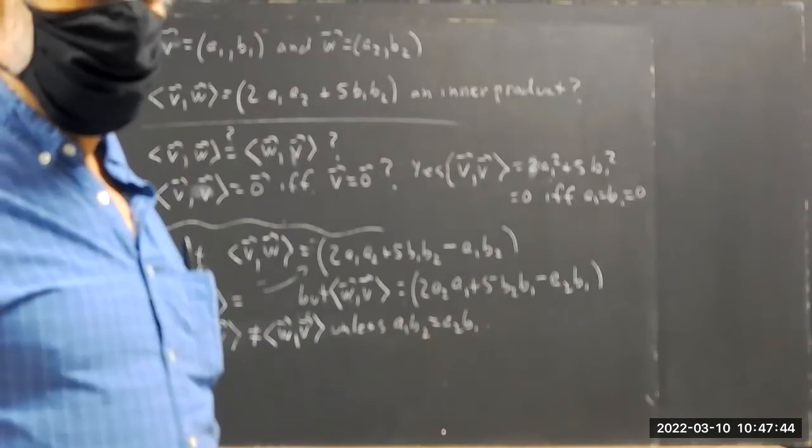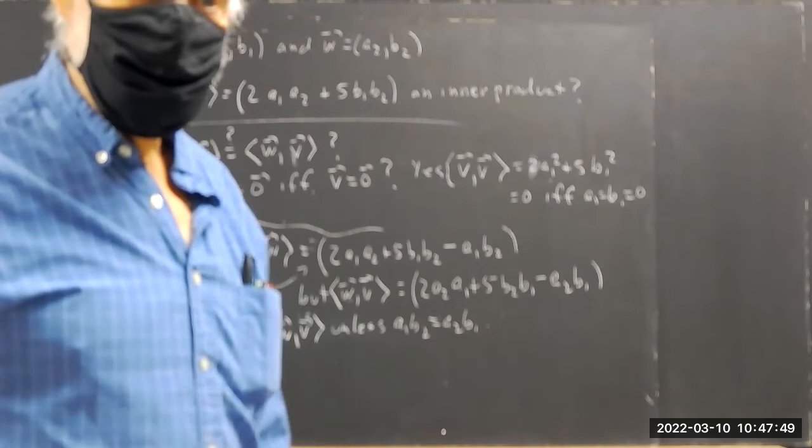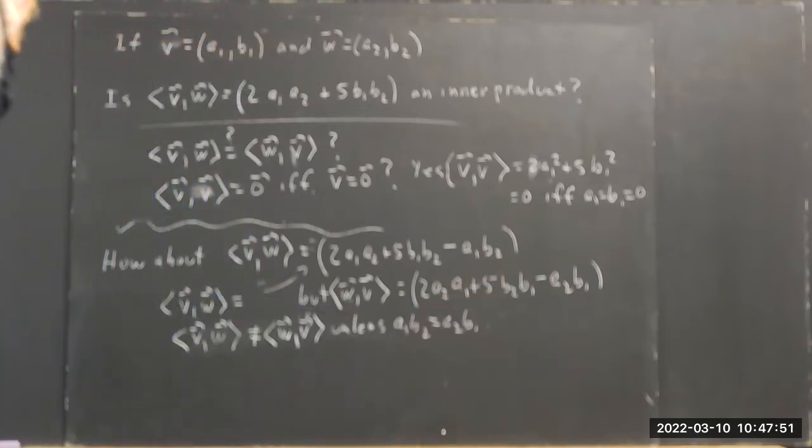I'll just randomly pick A1, A2, B1, and B2 without trying to make them equal. And it's very likely that they won't be. And there are easier ways to pick it too.